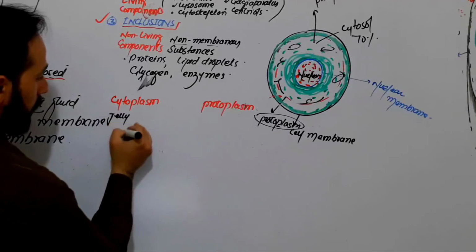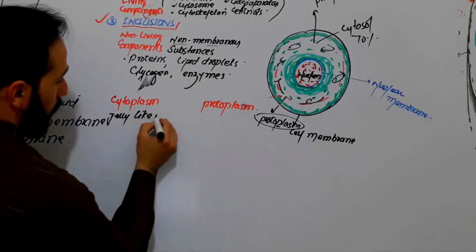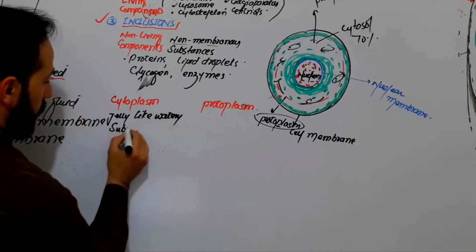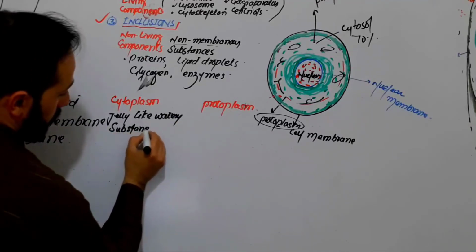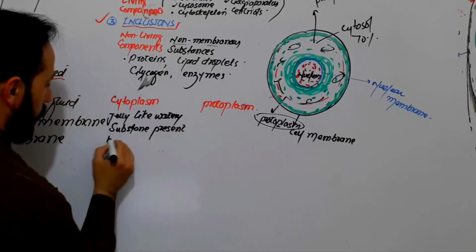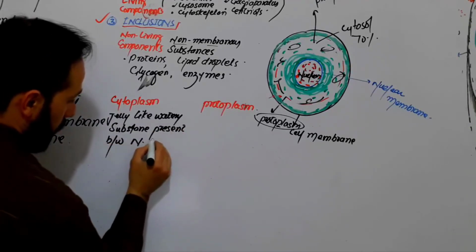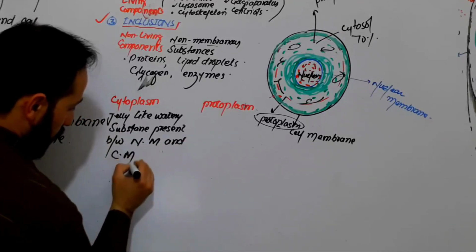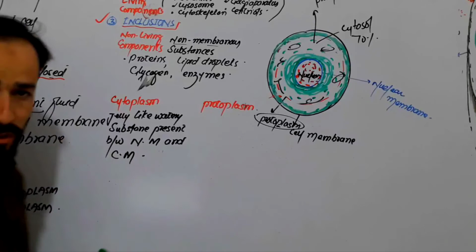Let me write here, jelly-like watery substance present between nuclear membrane and cell membrane. So this is called the cytoplasm.